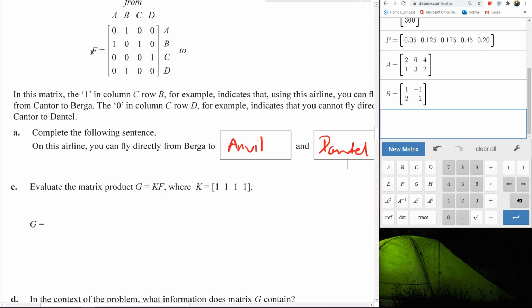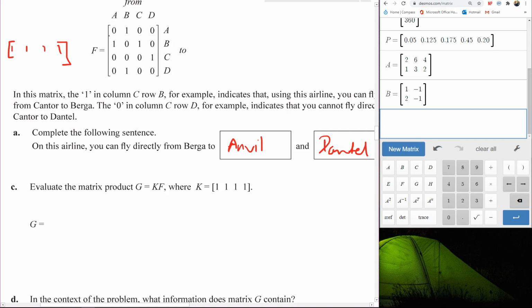So it's going to be K, which is this matrix, 1, 1, 1, 1, times F. If you go row times column, row times column, it's going to add up all of these numbers. So it's going to give you the total for each column here.